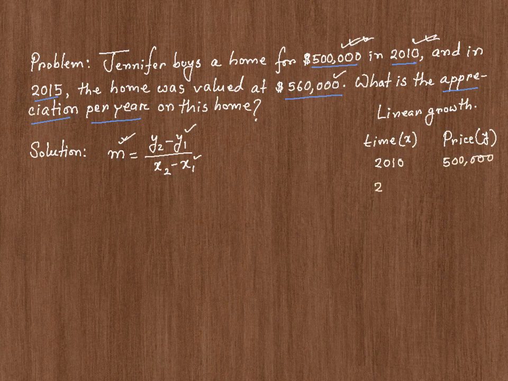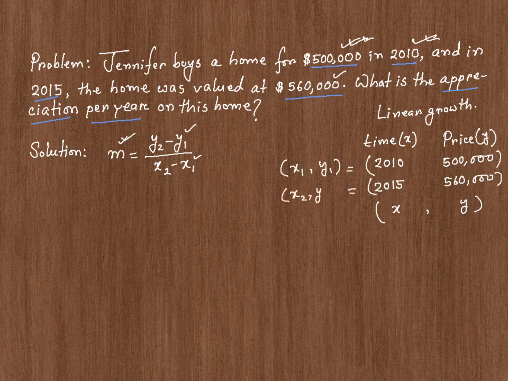In 2015, the price of the home is $560,000. So this is like my x, and this is like my y. So I'd call this one my x1, y1, and call this one my x2, y2.